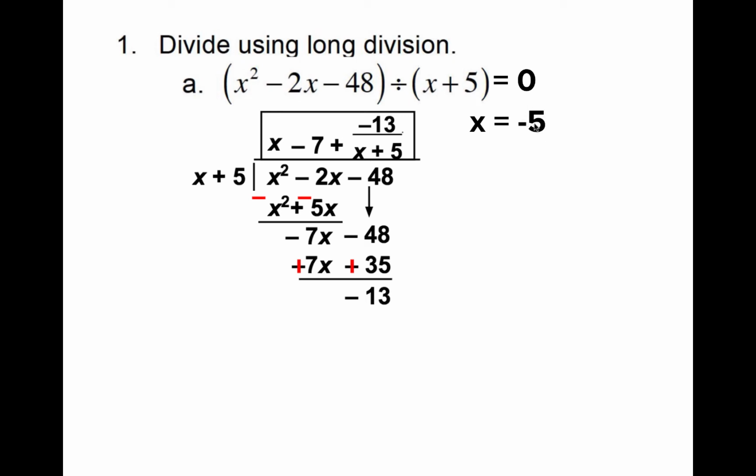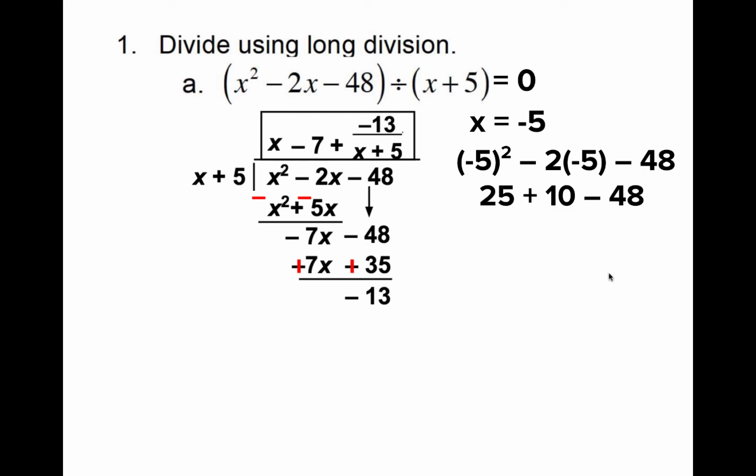If I plug that negative 5 into this polynomial, I'm going to get a positive 25 plus 10 minus 48. And when I simplify that, I'm going to get negative 13. Hey, look, that's my remainder. So it's a great way of looking at this and figuring out what remainder you should be getting. That way you'll know if you're doing this right or not.